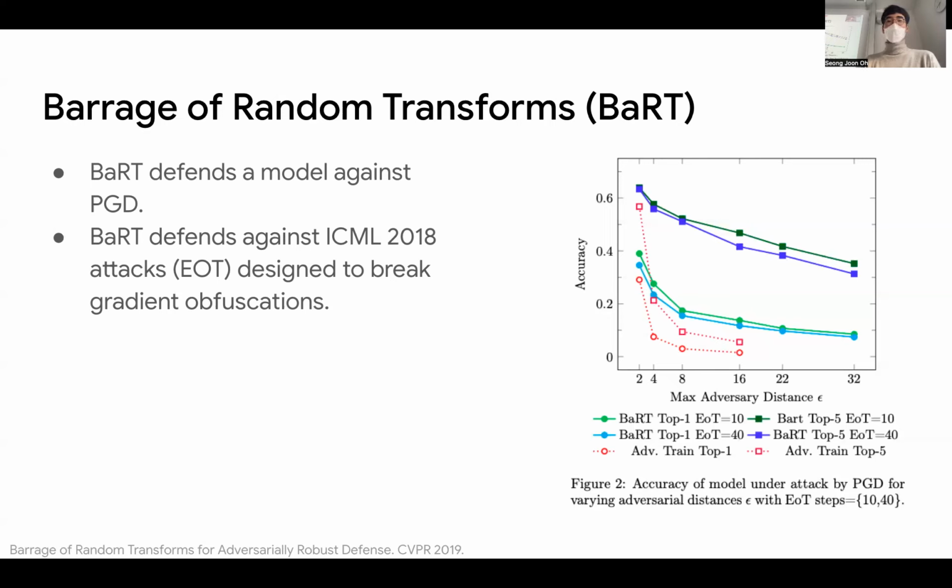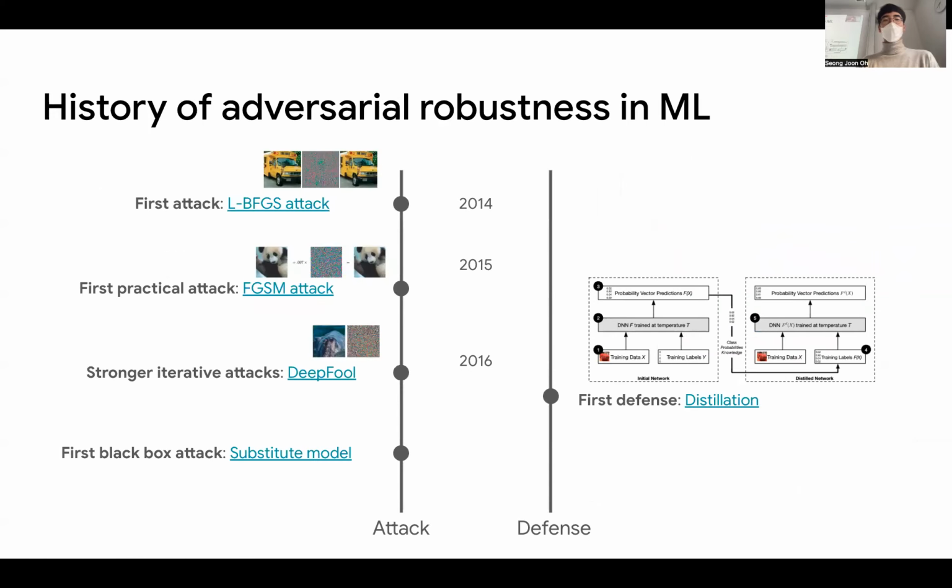So BaRT is a way to fight against EOT, but you can also imagine this loop can go on forever. So that's the point where I also stopped following this field. Yeah. You just said that adversarial training is not scalable yet. So this approach is even less scalable, right?